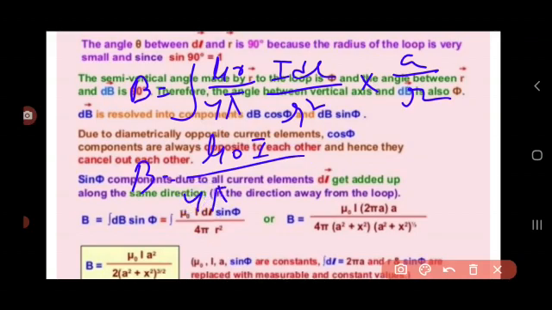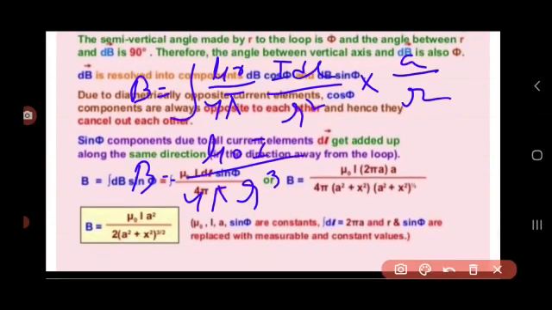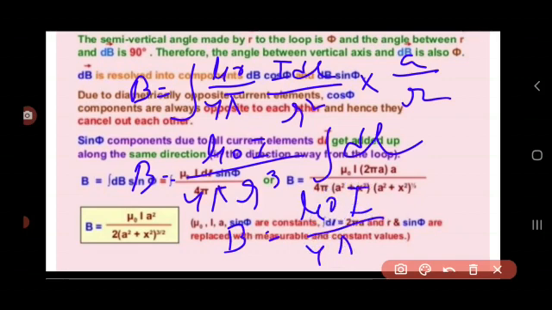Now r should be replaced, and when you replace r, your expression will be like this. B is equal to mu naught I into 2 pi a into a, over 4 pi r cubed, and when this is cancelled, the final result is this. B is equal to mu naught I a squared by 2 times (a squared plus x squared) to the power 3 by 2, and that is the magnetic field due to a circular loop carrying current.